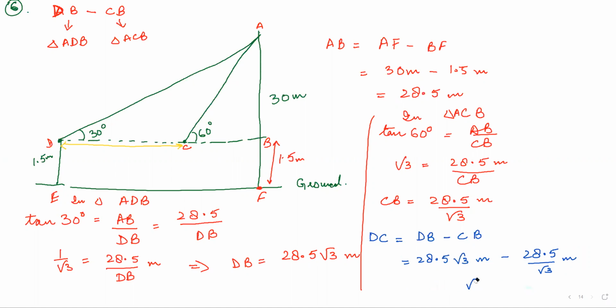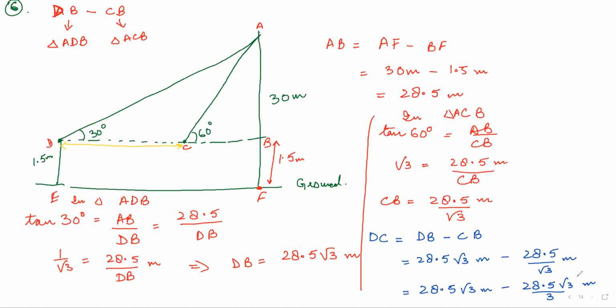So before this step, you can do one thing. You can do it directly also, but you can add one step. So 28.5 root 3 meters minus, you can rationalize this one, root 3 divided by 3 meters. Yes. So the second term I have rationalized. I mean, I have removed the root from the denominator.